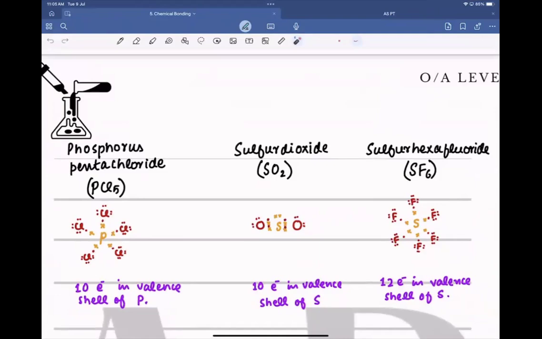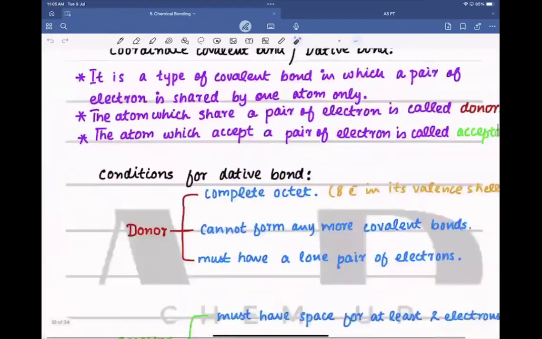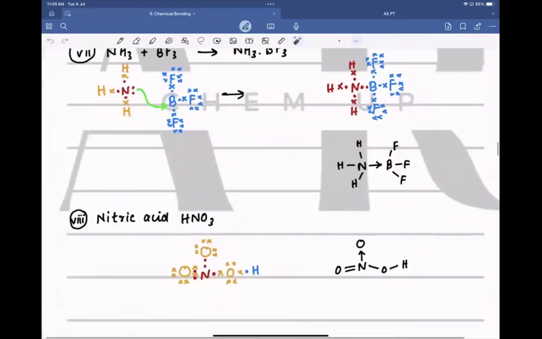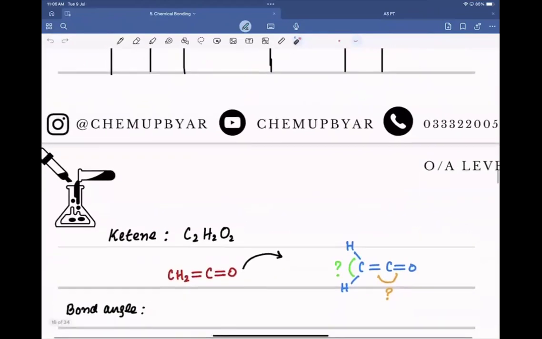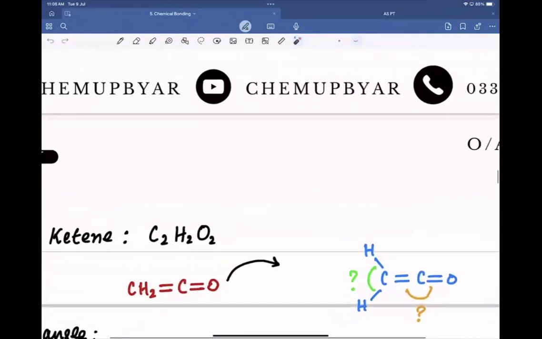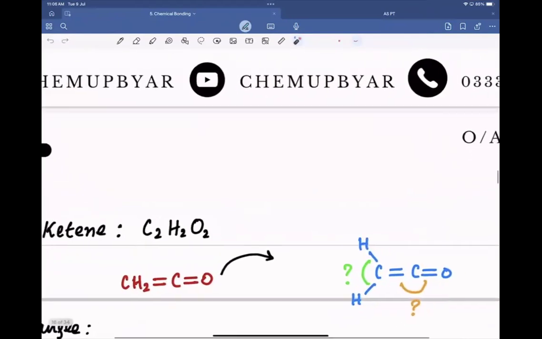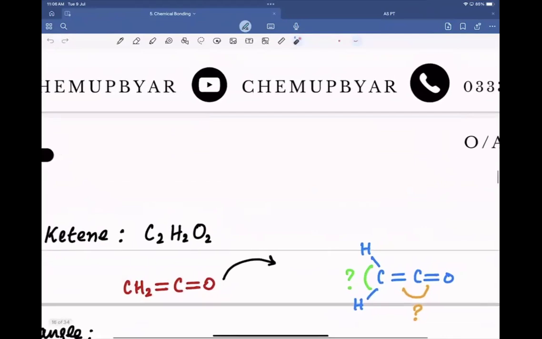Yes, sir. Okay. Now I have one question. Can you work on this and tell me these two bond angles, the green one and the yellow one?